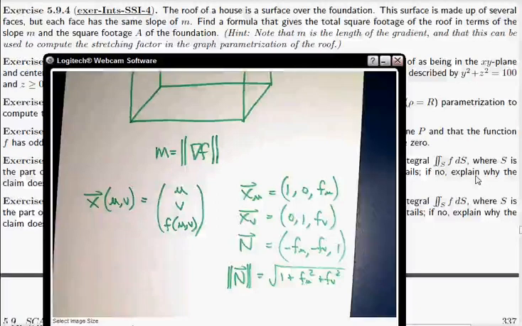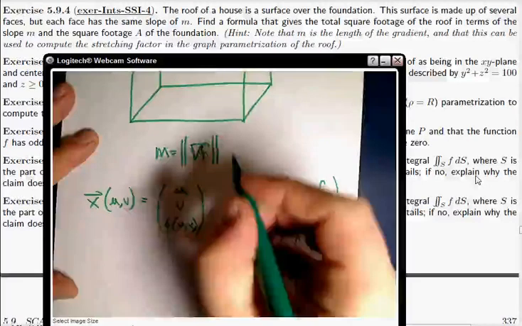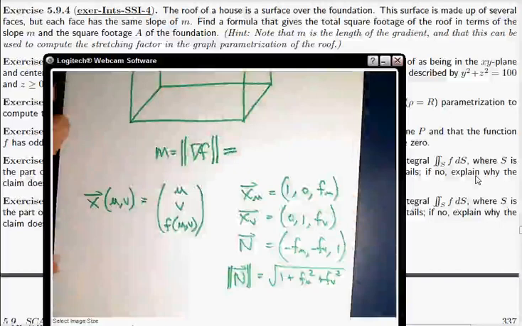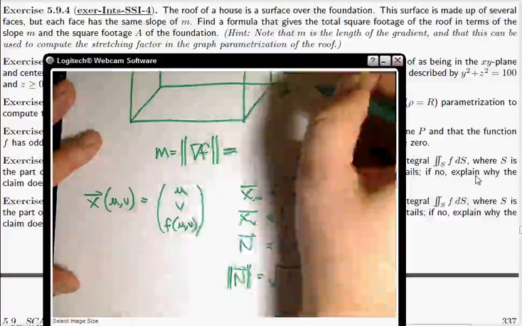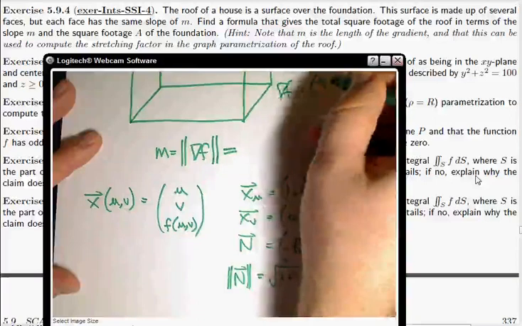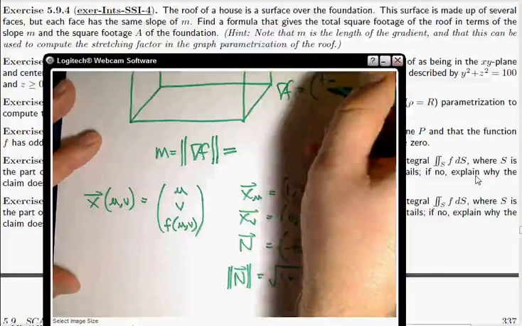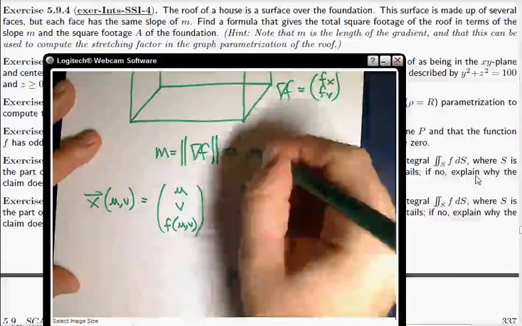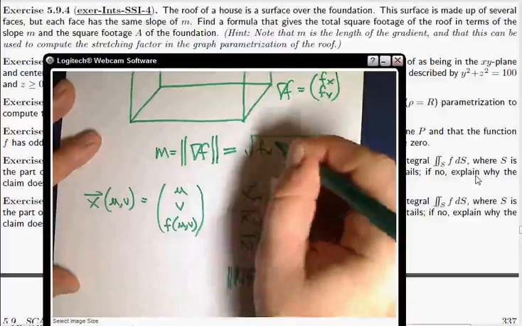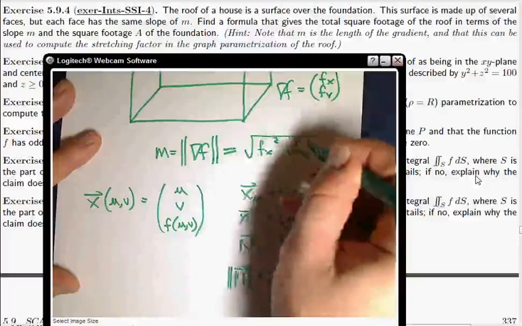So, here it comes. What's the length of the gradient? Well, the gradient of f is just the partial of f with respect to x, partial of f with respect to y. And so the length is the square root of f_x squared plus f_y squared.